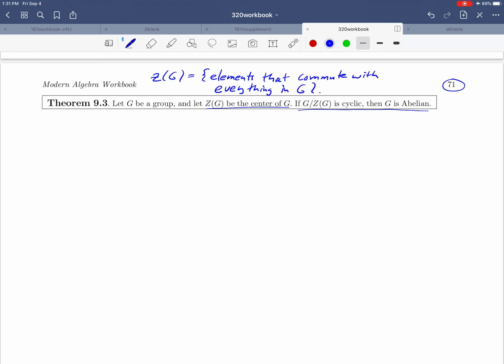Earlier in the course we've talked about how this actually forms a subgroup, and in fact a normal subgroup of the group G. So in this theorem we're basically trying to show that if we know that the factor group G mod the center is cyclic, then that's enough to allow us to conclude that the overall group is abelian. We're going to see if we can prove that.